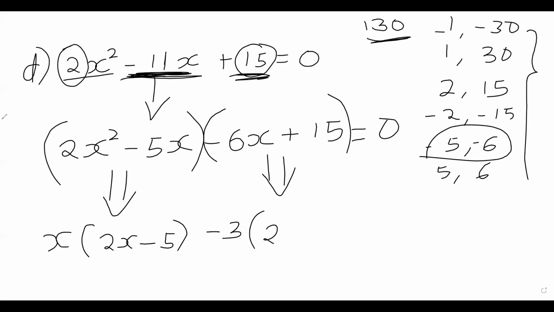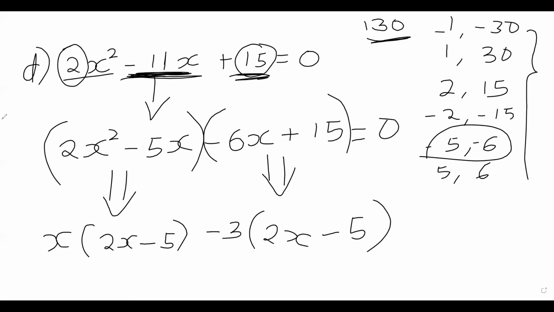Inside the bracket we'll have 2x, because negative 3 times 2x we get negative 6x. And then here we'll have minus 5, because negative 3 and negative 5 will give us positive 15.